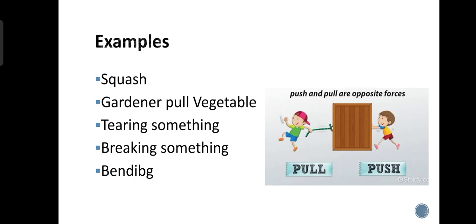When you break something, you apply a push force. When you bend something, it can be push or pull force. So these are some of the examples: the ball, pulling vegetables, tearing something, breaking something, and bending something.